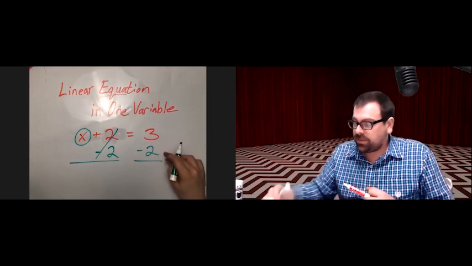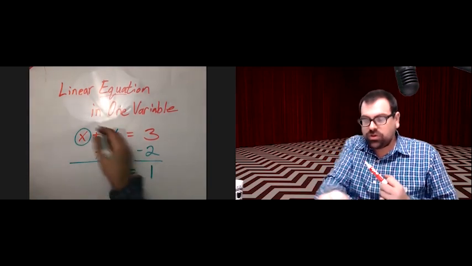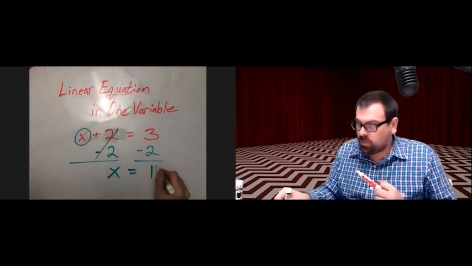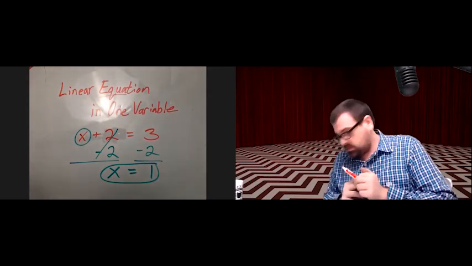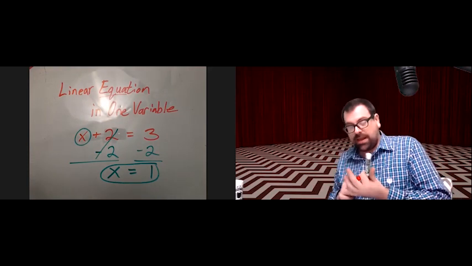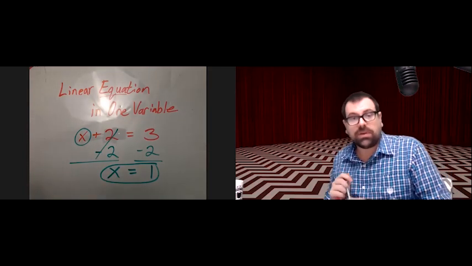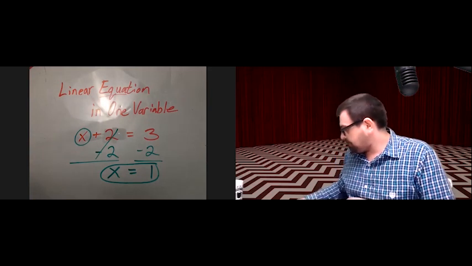On the other side, 3 minus 2 is 1. So we're just left with the x on the left. X equals 1. Same answer we got by looking at it, but there's going to be plenty of equations that you can't look at and figure out what the answer is. It gets a lot more complicated than 1 plus 2. I will tell you that.